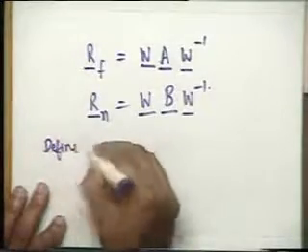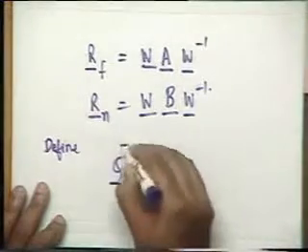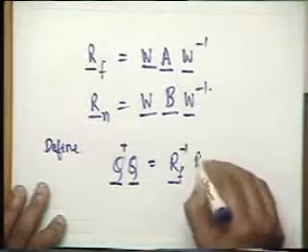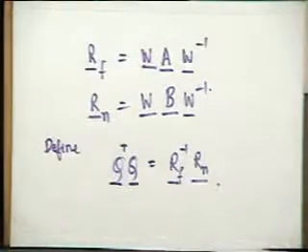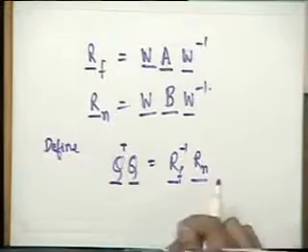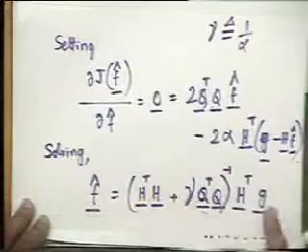Now let us make a choice of this Q transpose Q. What we will take now is, define Q in such a manner that Q transpose Q becomes equal to RF inverse Rn, such that in place of Q transpose Q, I will be substituting RF inverse Rn in equation number 1.